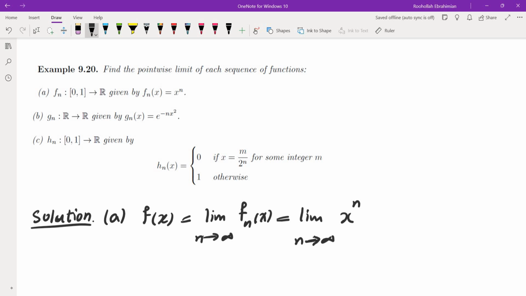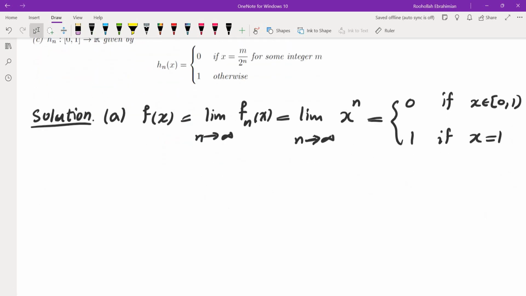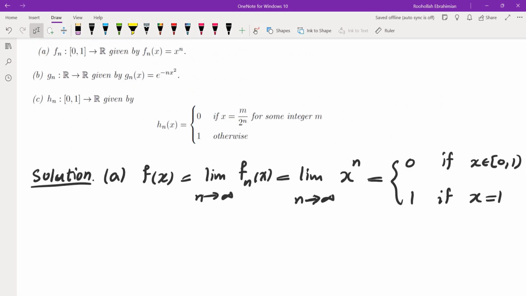So we know what that is. If the absolute value of x is less than 1, then this would be 0. So this would be 0 if x is anywhere from 0 to 1 but excluding 1. And it would be 1 if x is 1, because if x is 1, then every term of the sequence would be 1. So this would be the limit of this sequence.